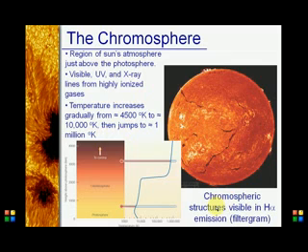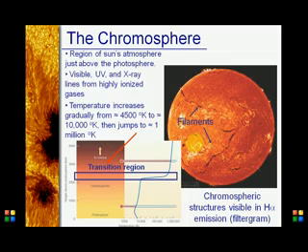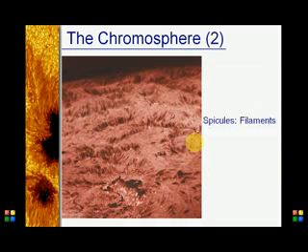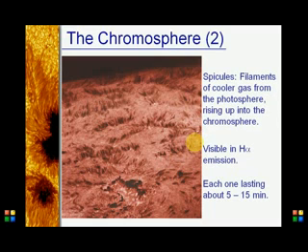The chromospheric structures are always visible in H-alpha emission filtergrams. The H-alpha filters can make you see the chromosphere and the flares. Spicules are filaments of cooler gas from the photosphere rising up into the chromosphere, visible in H-alpha emission, each one lasting about 5 to 15 minutes.